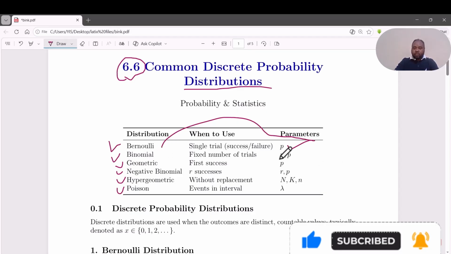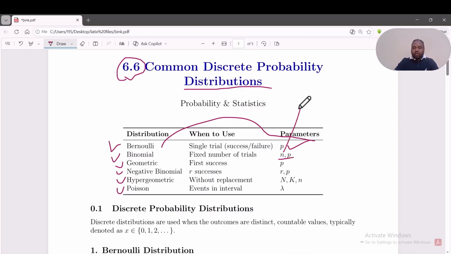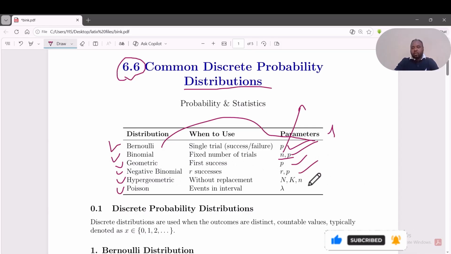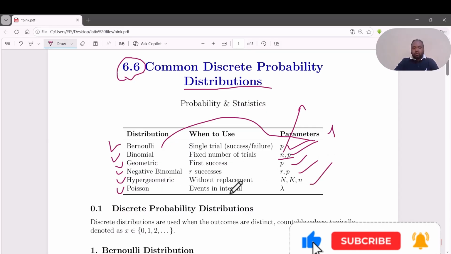Binomial has two parameters, the number of trials and the probability of success. Geometric, one parameter. Negative binomial, two parameters. Hypergeometric, three parameters. Poisson distribution, one parameter. This is the condition for when to use each of these probability models under a discrete random variable.